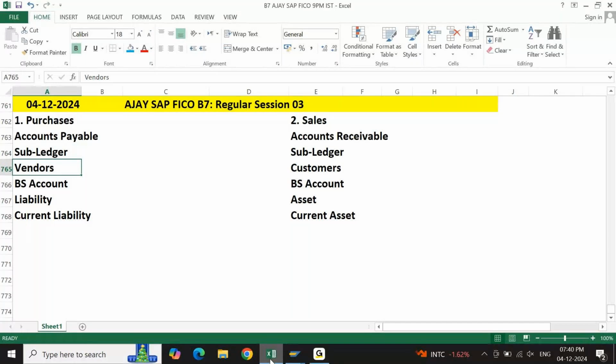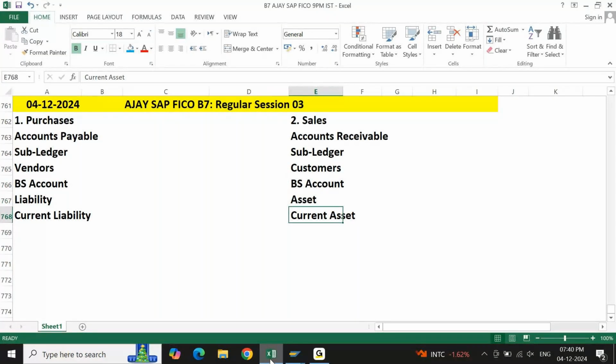Vendors are part of balance sheet accounts, and in the balance sheet, they are liability, specifically current liability. Similarly, sales is all about accounts receivable. Accounts receivable is a subledger because we are dealing with customers. Customer is part of the balance sheet, within it an asset, classified as current asset.